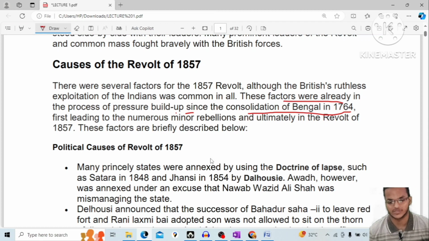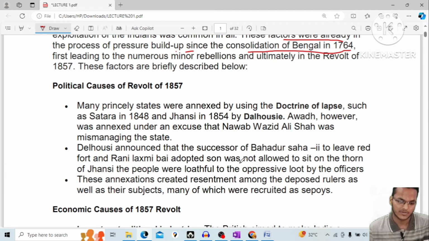They started exploiting the Indians in various forms, not only economically or in revenue. They completely disturbed Indian society, and these small exploitations led to the big revolt of 1857.